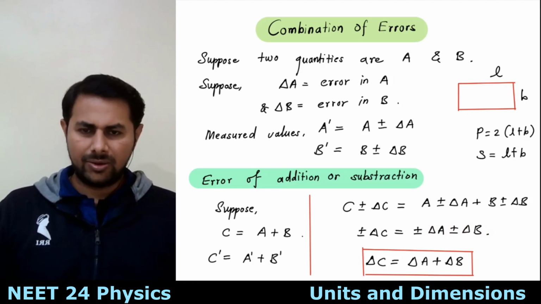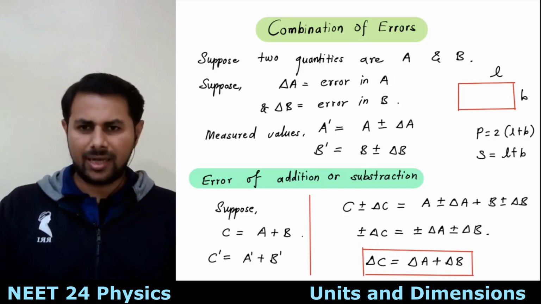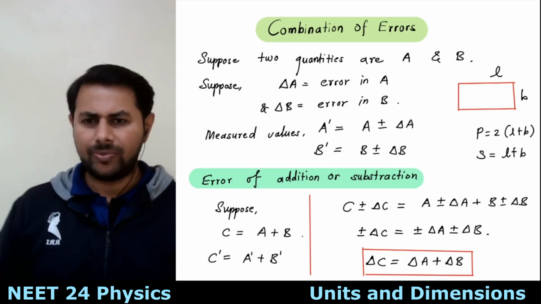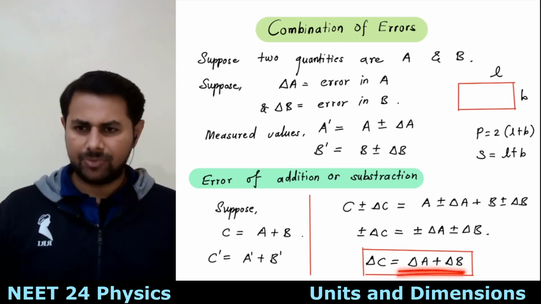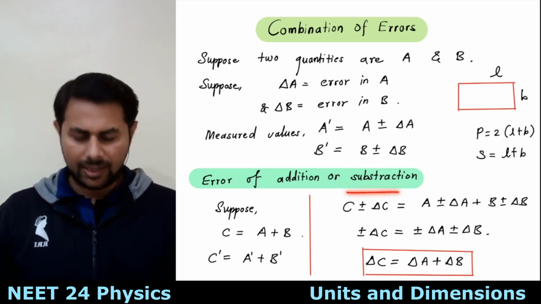Our aim is to find out how maximally our reading can be wrong. What is the maximum possible error? That's what we want to find out. That's why we take just positive sign. Okay, so this is error in the addition.